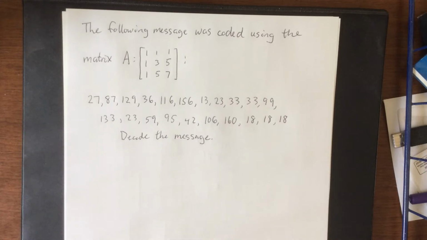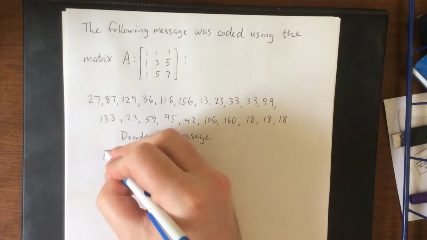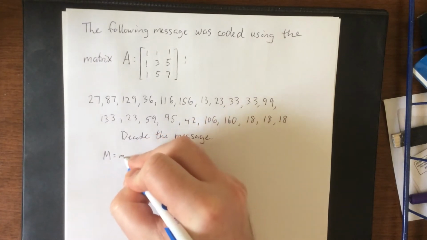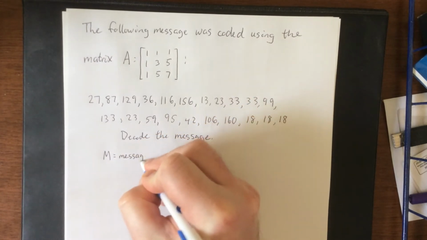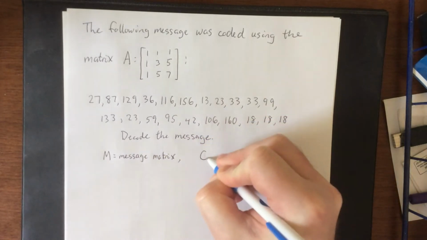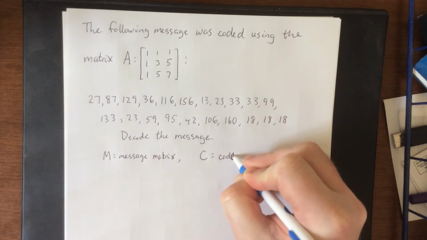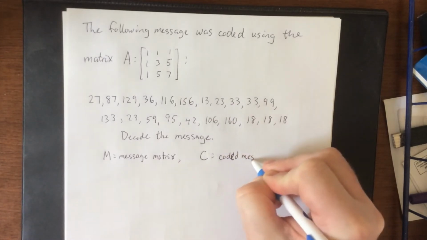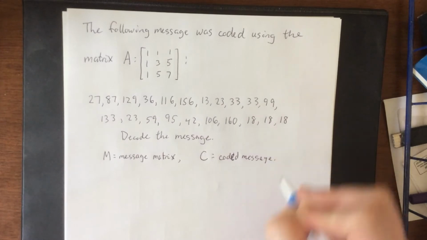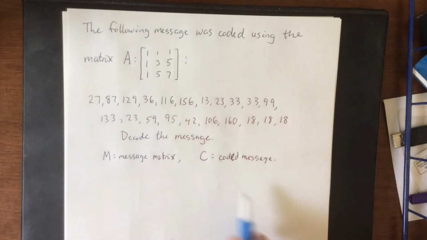So the idea is, if you have a coding matrix A, we'll define M to be our message matrix, and we'll say C is our coded message matrix. The first thing we need to do is take this string and turn it into a coded message matrix.